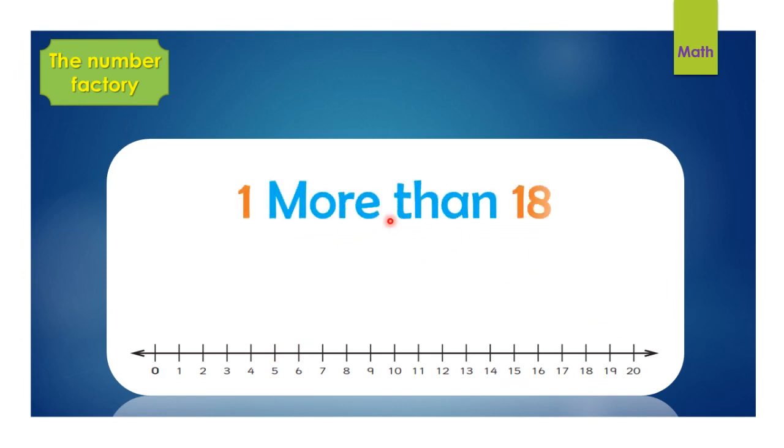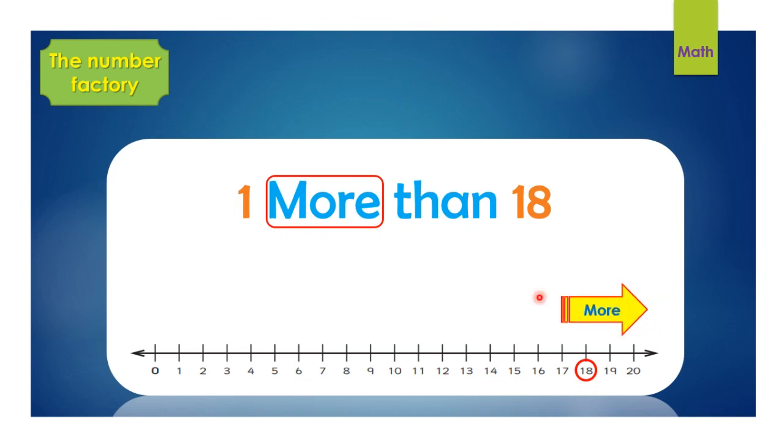Now he's saying 1 more than 18. The same steps. Circle 18. Where is 18? Here. Then he said 1 more. When I say more, is it moving forward or backward? Yeah, it's moving forward.